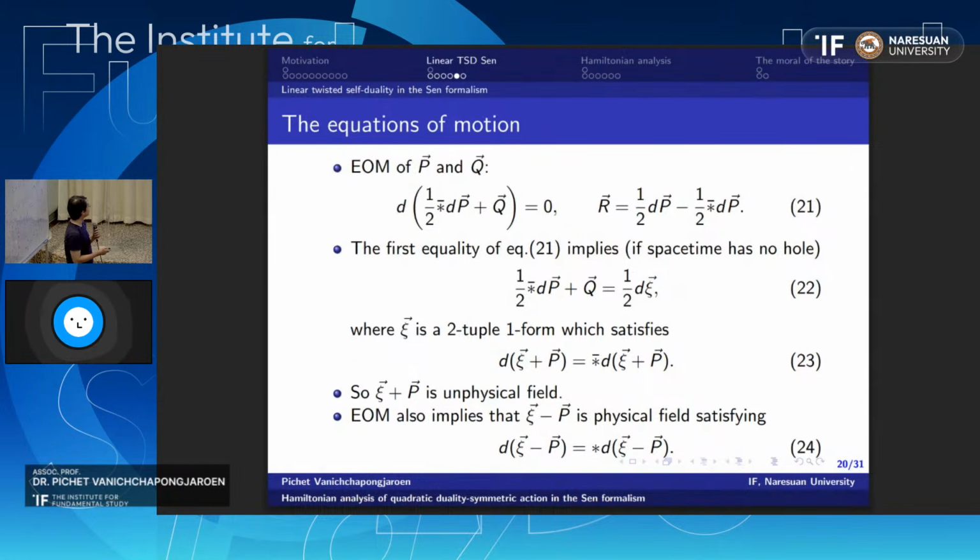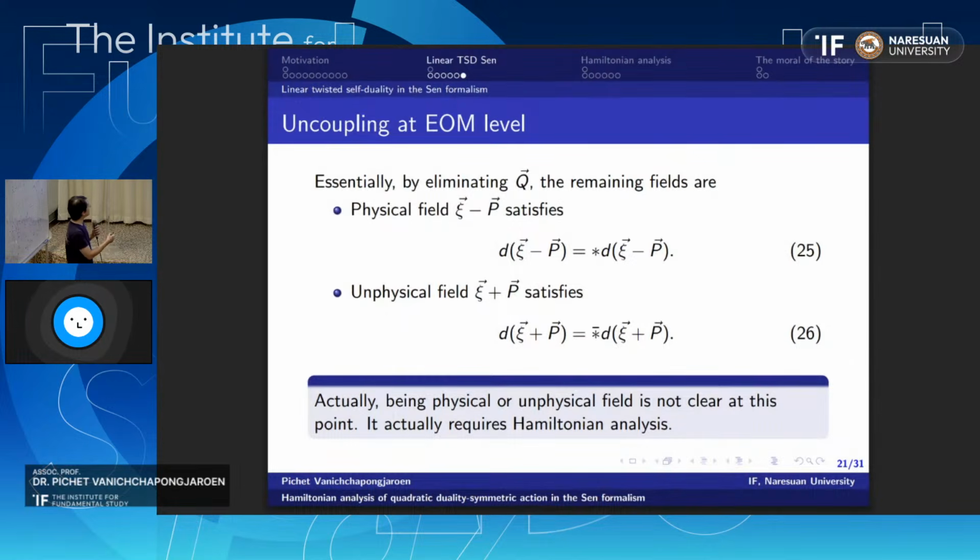I'm not going to give the details, but the idea is that we are going to isolate the physical field, which is coupled to the physical metric through the star, and the unphysical field, which is going to couple to the unphysical metric through the star bar.